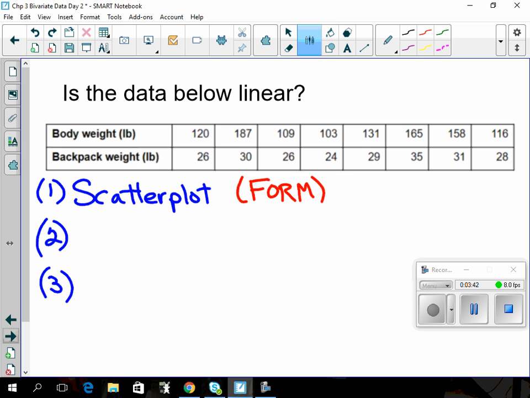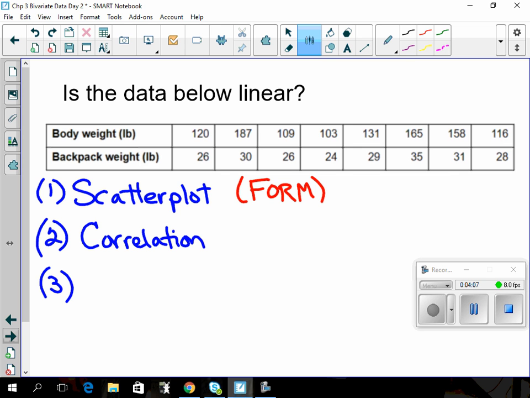Positive, negative, what? We're not looking, well, we can write an equation if the data is linear, but we really want to find correlation, okay? And maybe that's what you meant by positive, negative, I'm not sure. But we want to talk about correlation. And if the data is linear, what should the correlation be close to? -1 or +1, right?